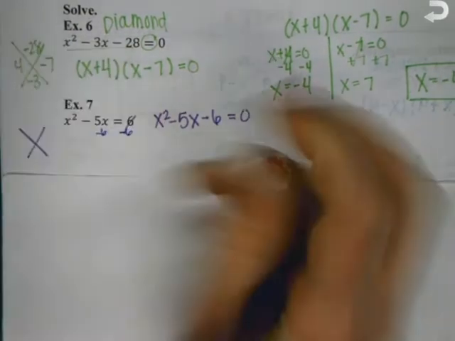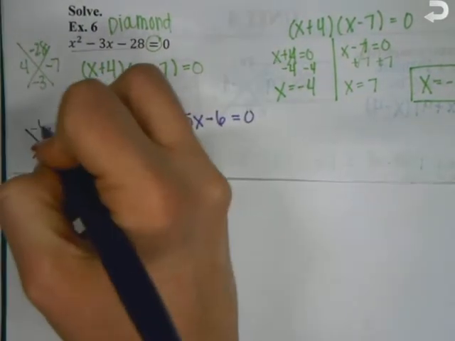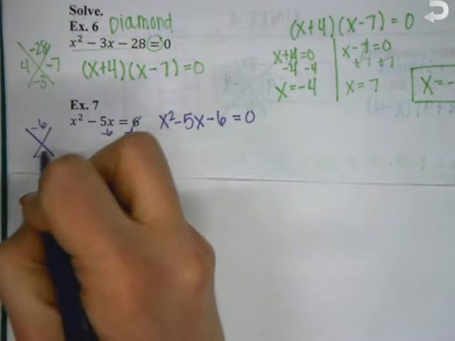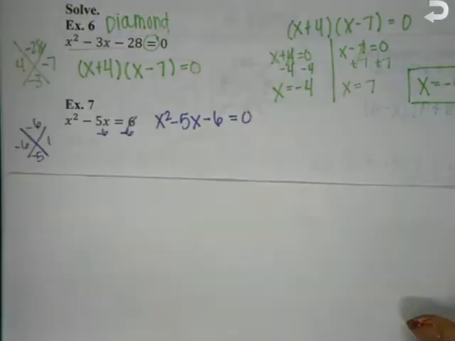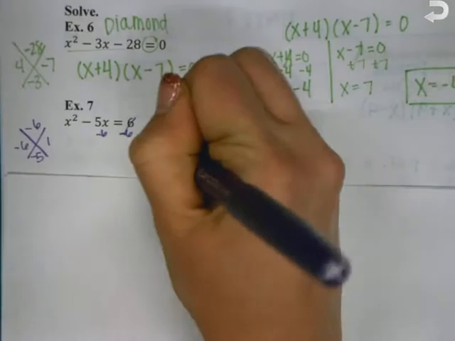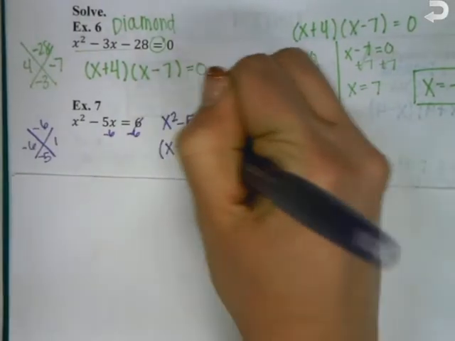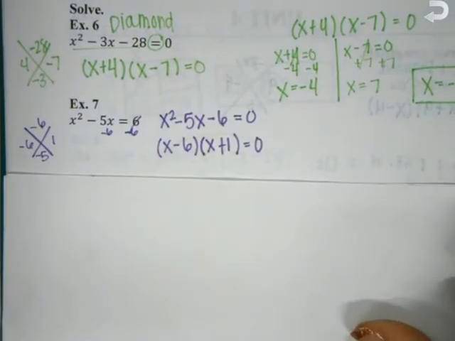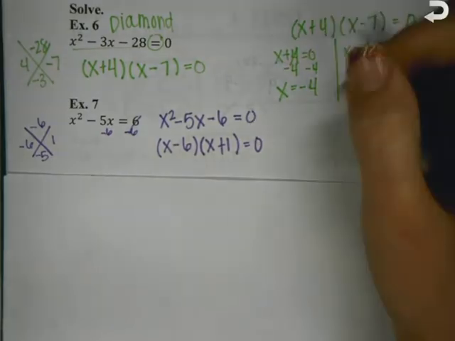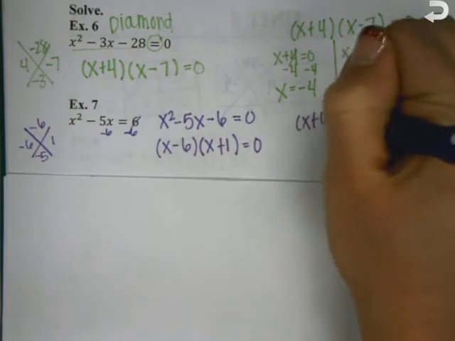So let's factor that. x minus 6, x plus 1 equals 0. Okay, and then what do I do? I set them both equal to 0.